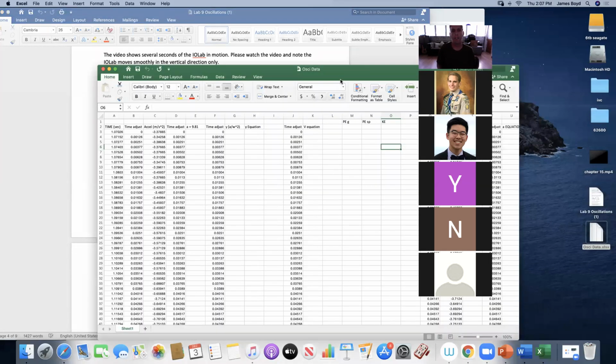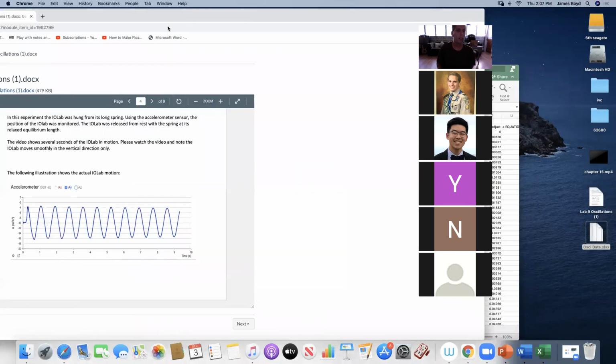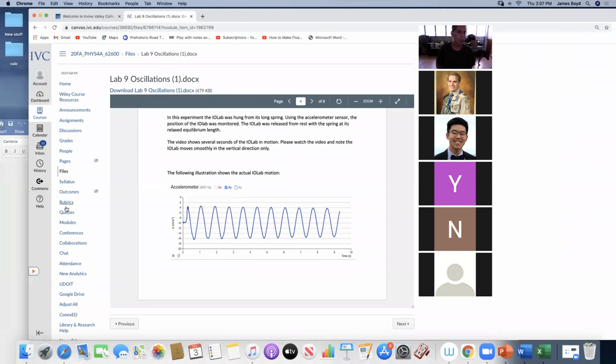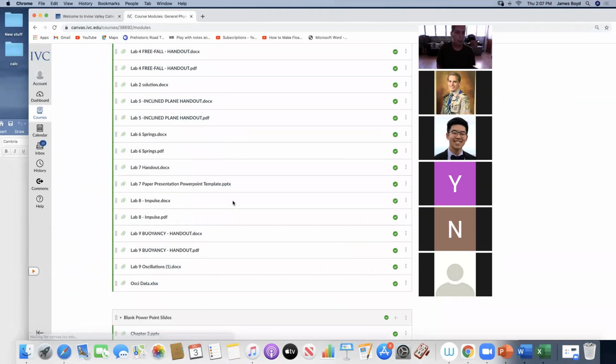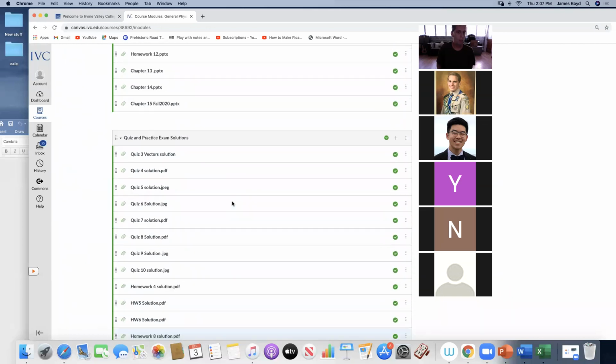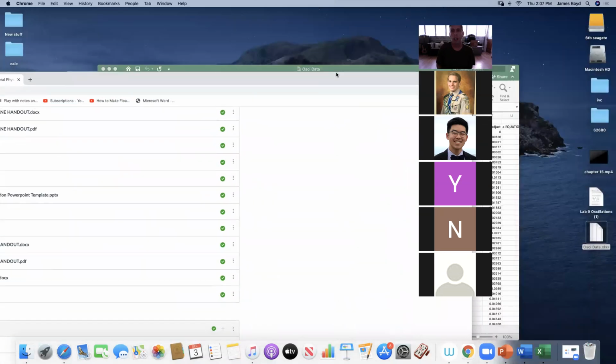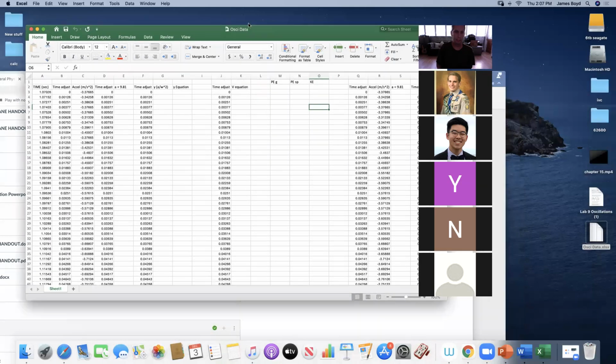And that's that other file that you have here in the module. So for now, what I want you to do is go to the oscillation data XLS spreadsheet, and you'll find that the data is here.